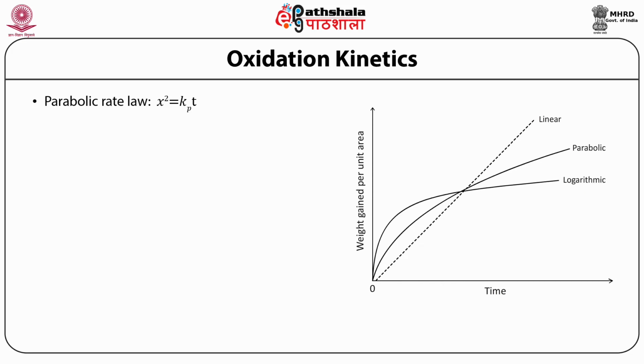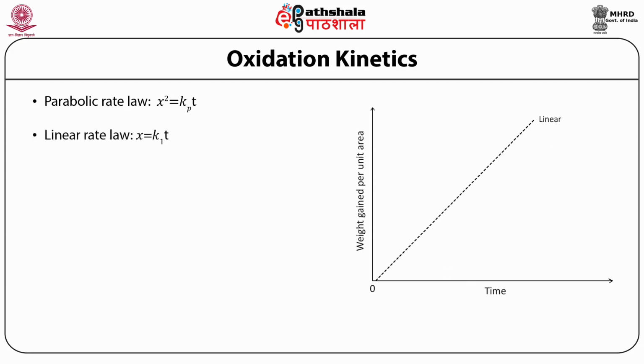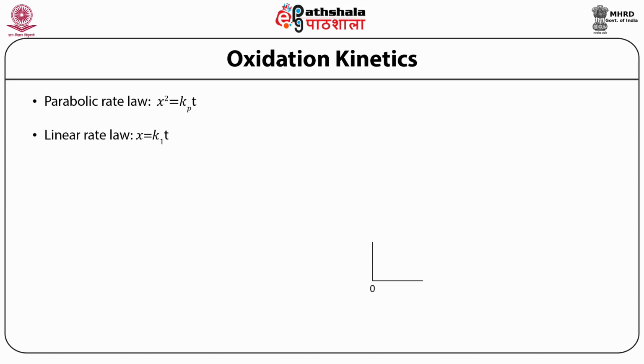The next law which we are going to study is the linear rate law. The linear rate law is given by x equals k1 multiplied by t, where x is the thickness of the oxide, t is the time, and k1 is the linear oxidation rate constant.